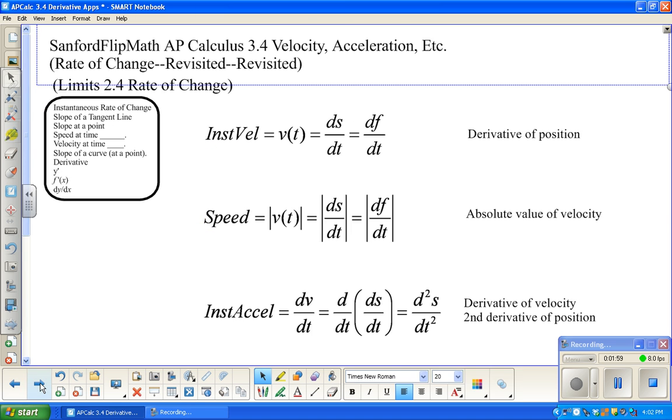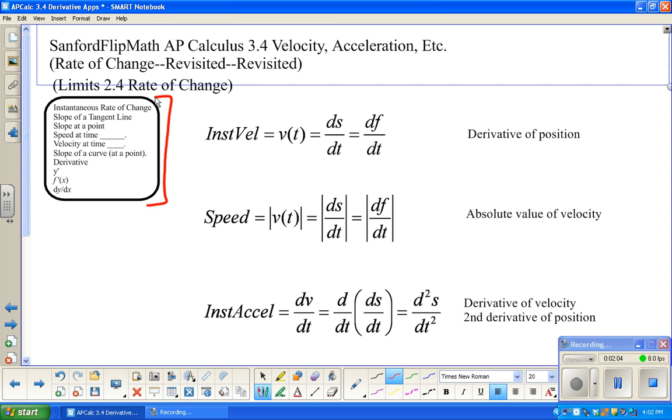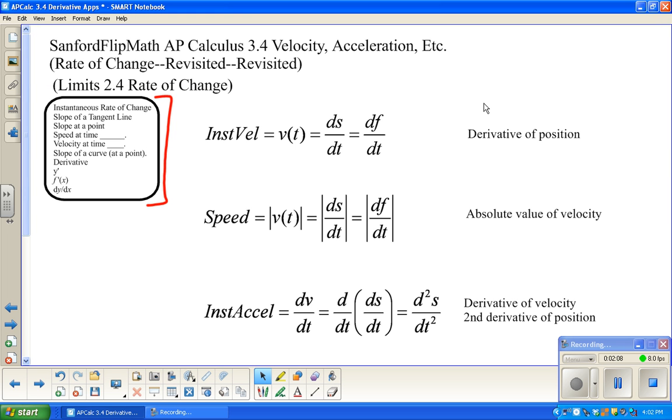And let me just remind you of some synonyms that we've already mentioned. Those synonyms include instantaneous rate of change, slope of a tangent line, slope at a point, velocity at some certain time, slope of a curve at a point, again, derivative, y prime, f prime, dy/dx.